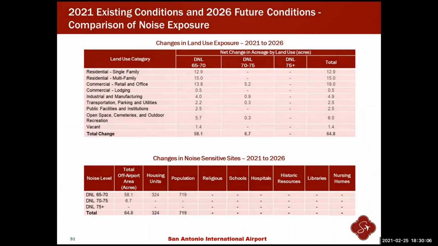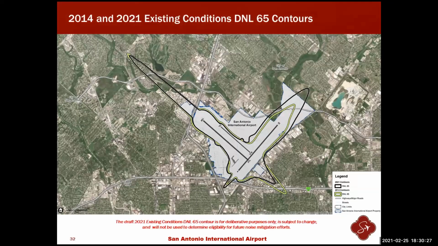The top table shows the anticipated increase in noise exposure between 2021 and 2026 for each land use type within their respective DNL contour interval. The bottom table shows the anticipated increases in noise exposure between 2021 and 2026 for each type of noise-sensitive site within their respective DNL contour interval.